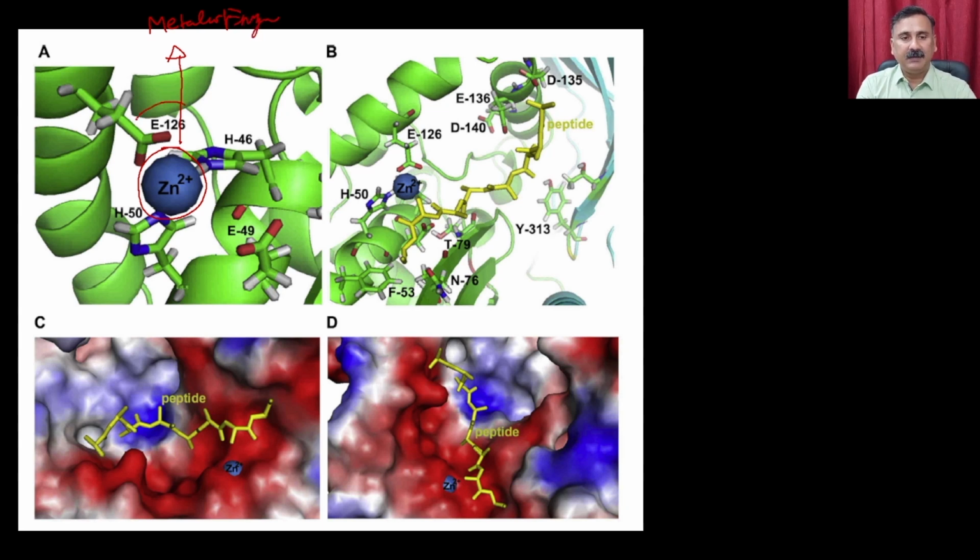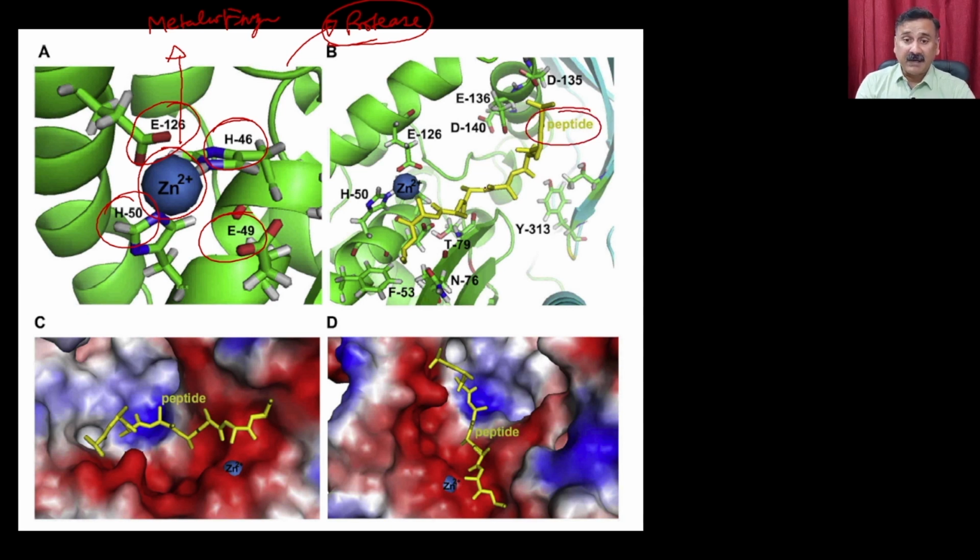Then it also has some key residues, and considering these key residues and the three-dimensional structure of the active site, we found that it is actually a protease. Once we knew it was a protease, we also identified the peptide which fits into this active site and how this peptide can be cleaved.